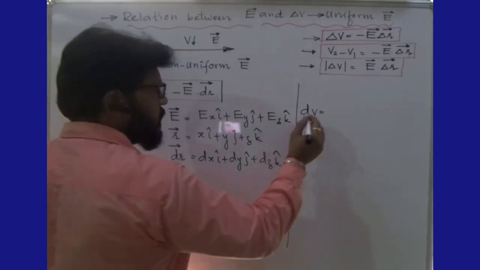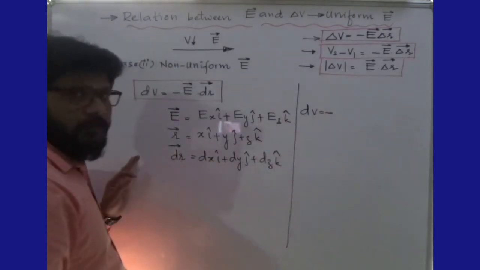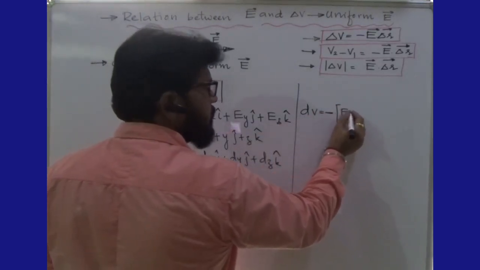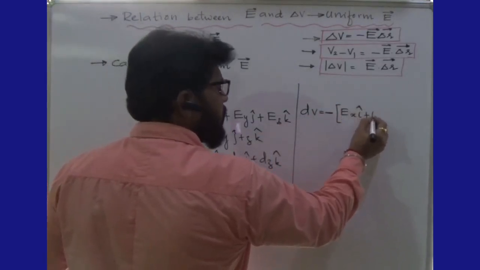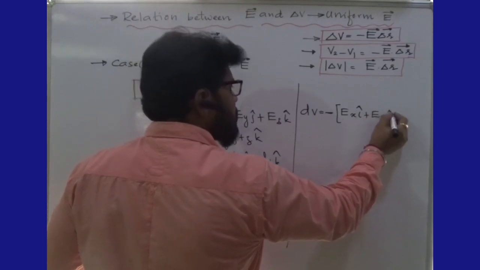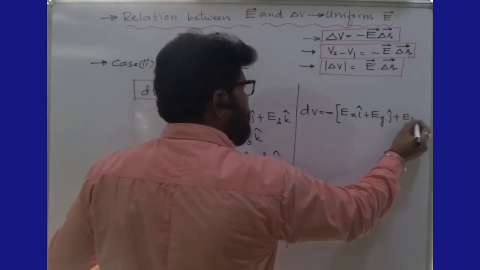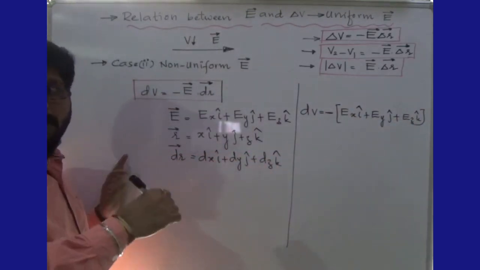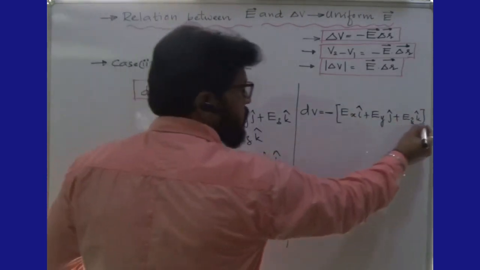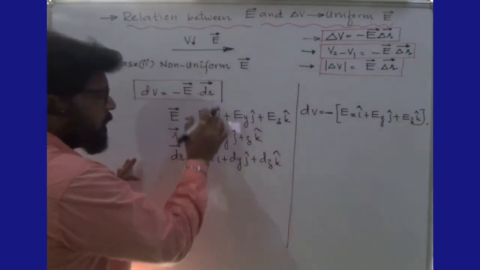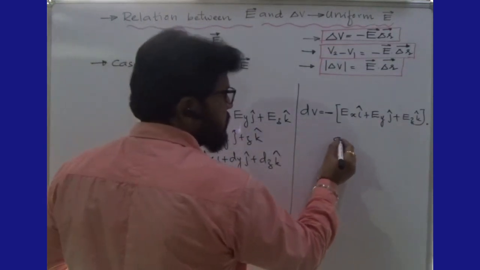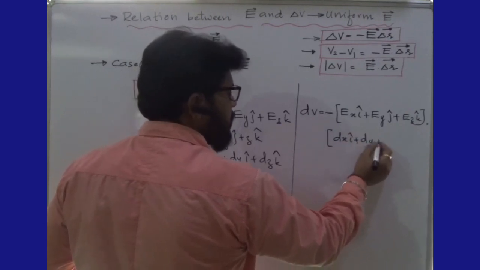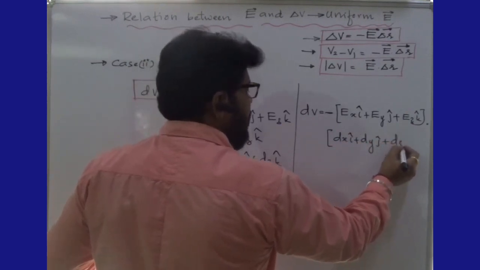Okay. Now dV is equal to minus E dot dr. If I substitute here, minus, you can keep it, there is no problem. Now Ex i cap plus Ey j cap plus Ez k cap, dot dr, which is nothing but dx i cap plus dy j cap plus dz k cap.